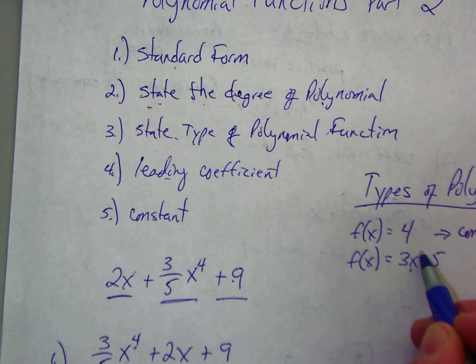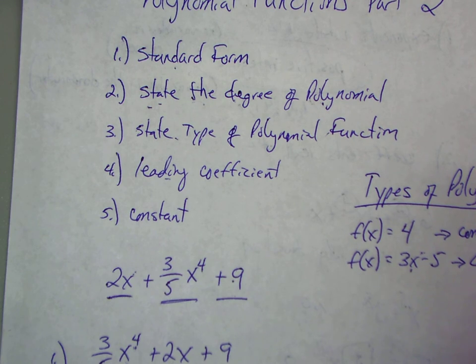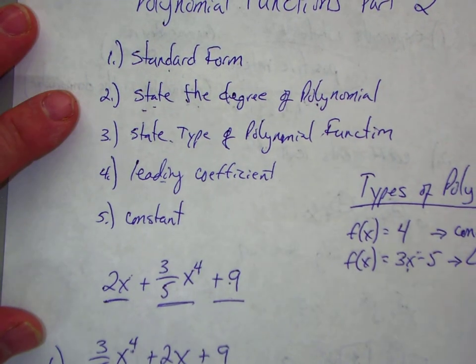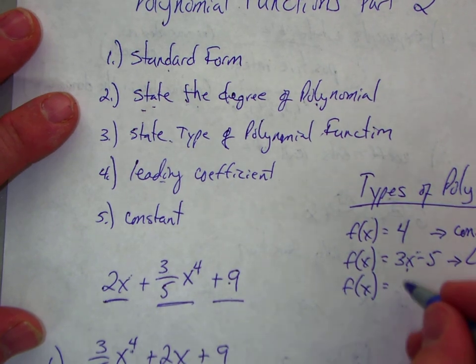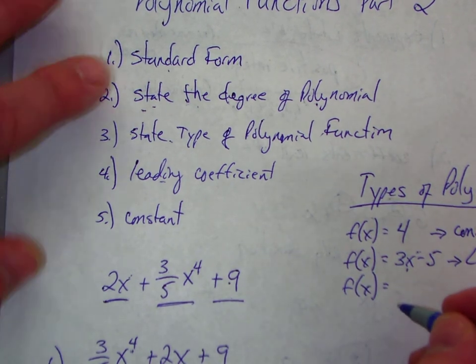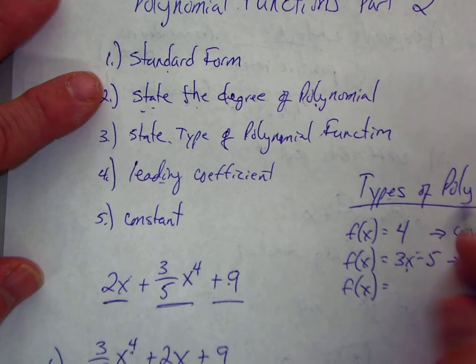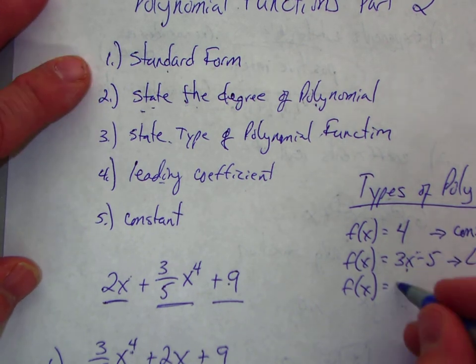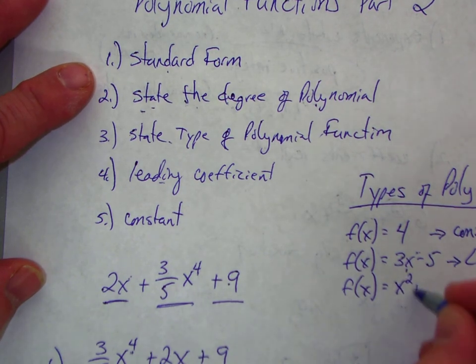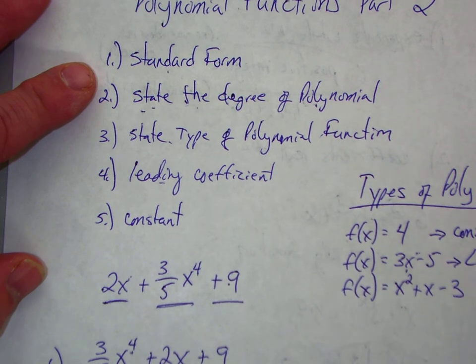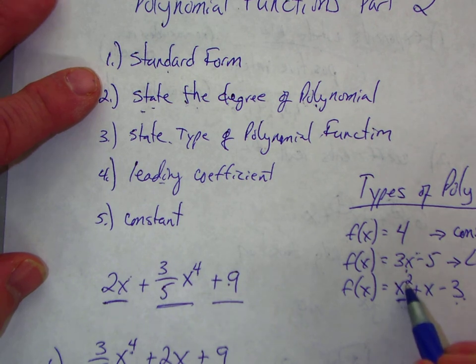Since the exponent is 1, this is called a linear. You probably should have that in regular algebra and geometry. The third one is what we spent half the second marking period on, and sort of the first marking period, something like x squared. In this polynomial function, this will be a quadratic because the biggest exponent is a 2.